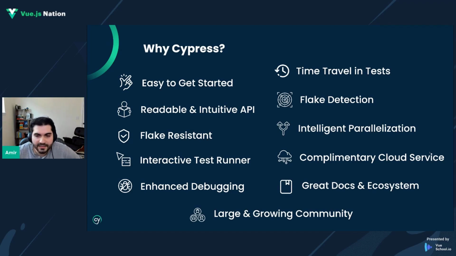So Cypress is backed by an entire cloud service that helps with detecting flake and parallelizing your tests. Another thing folks have come to love about Cypress is that it has really great docs, a fantastic ecosystem, and a great growing community behind it. So this is a bird's eye view of what Cypress is and what it provides to folks. With that covered, let's jump to the next thing.